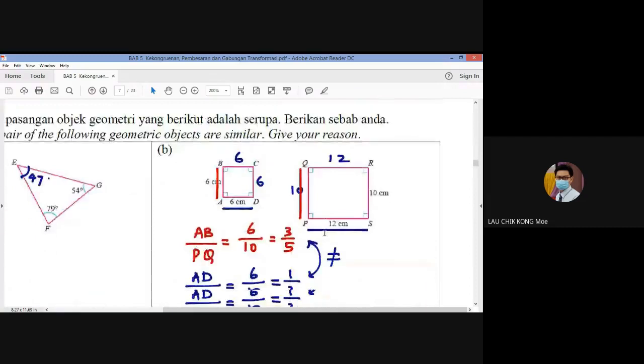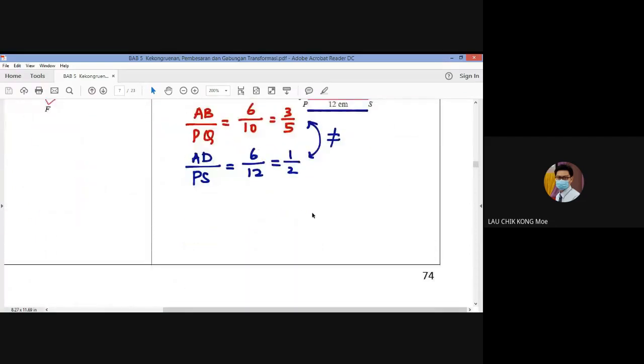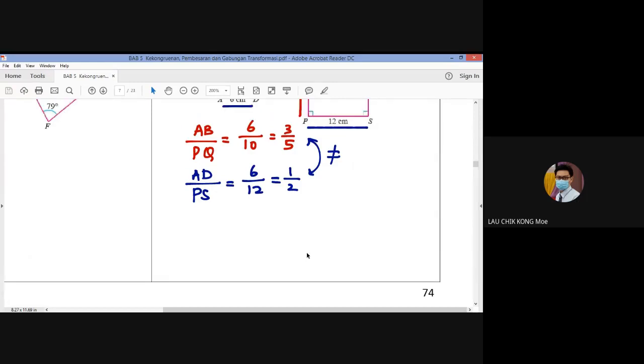Bukan semua. Therefore, not similar. Tak perlu panjang lah. Write the conclusion: not all ratio of the corresponding side are equal. Therefore, not similar.